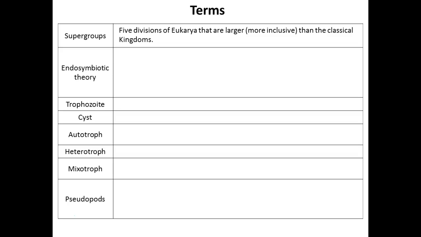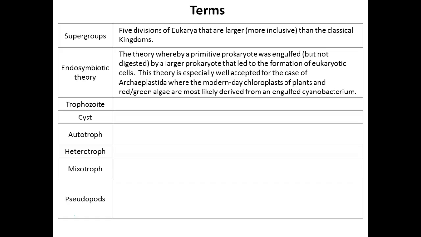So remember earlier I mentioned how we believe that prokaryotes and eukaryotes had this evolutionary relationship? One of the theories out there is referred to as the endosymbiotic theory. And that is a theory where we believe that primitive prokaryotes, so very early prokaryotes, were engulfed but not digested by a much larger prokaryote.